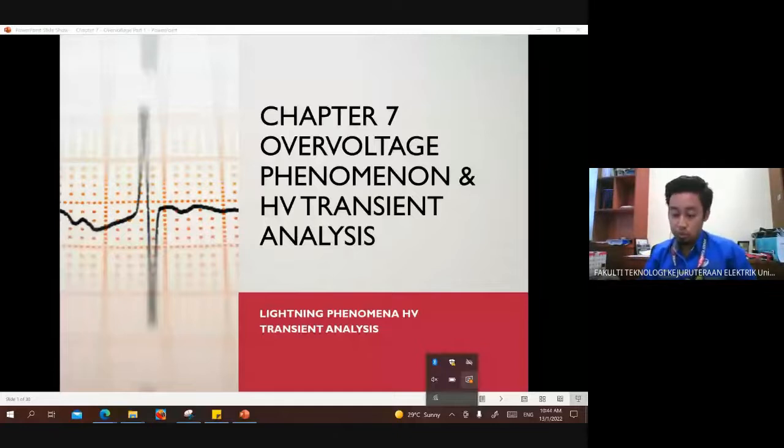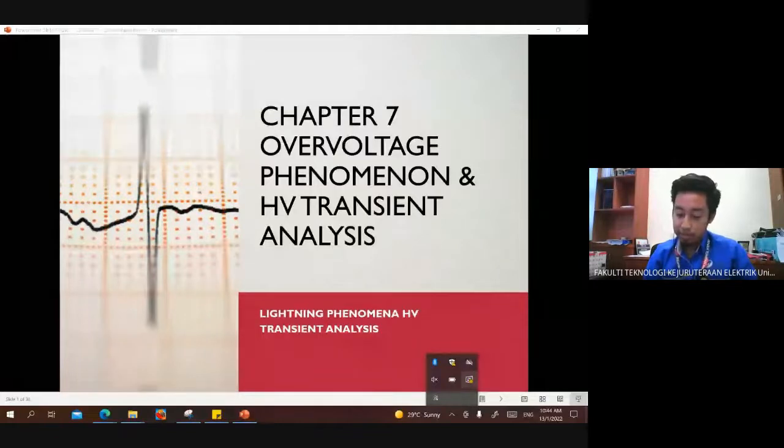Today we continue with Chapter 7, which is the overvoltage phenomenon and transient analysis. According to the overvoltage phenomenon, we divide it into two parts. Part 1 is the lightning phenomenon, where we have some theory about lightning phenomena, then lightning protection, and then some exercise examples about the traveling wave.